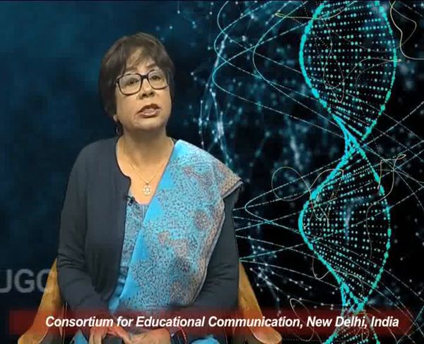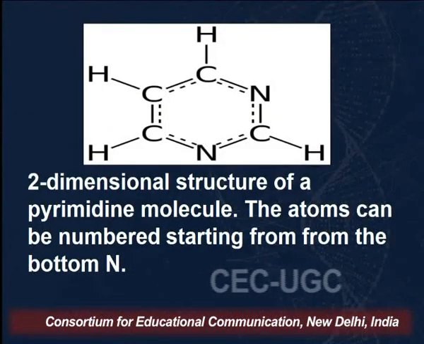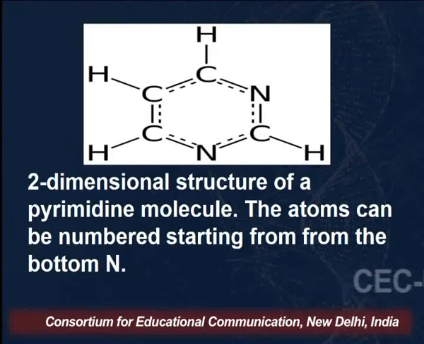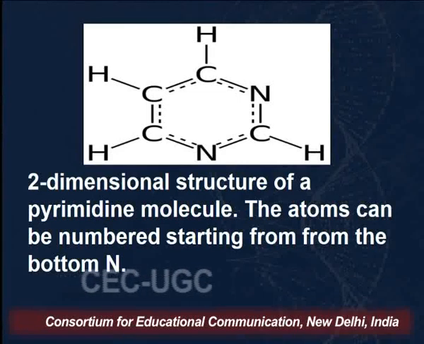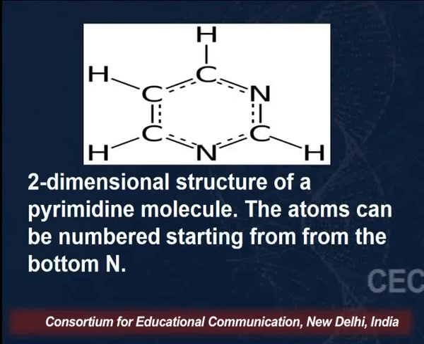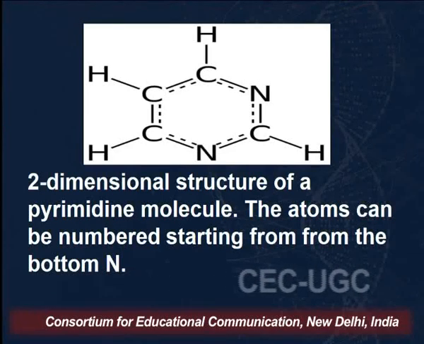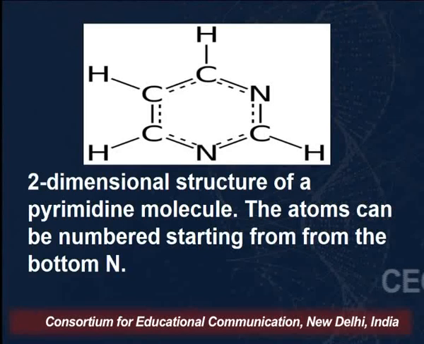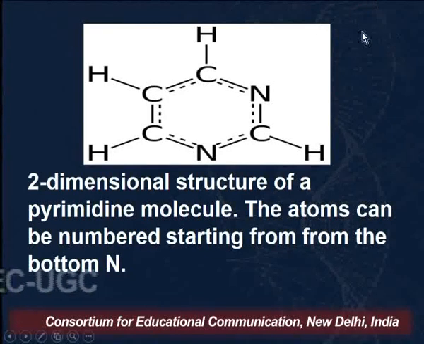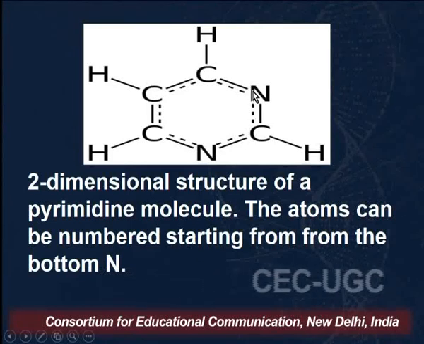As you can see on your screens now, this is the 3-dimensional structure of a pyrimidine molecule. I've already discussed that these atoms can be numbered starting from the bottom nitrogen. You will always give number 1 to the nitrogen at the bottom, and then continue numbering so that this nitrogen gets number 1, this gets 2, and this nitrogen gets number 3.